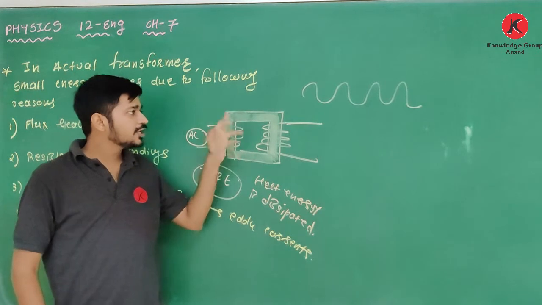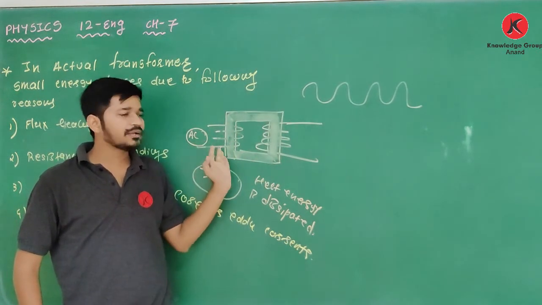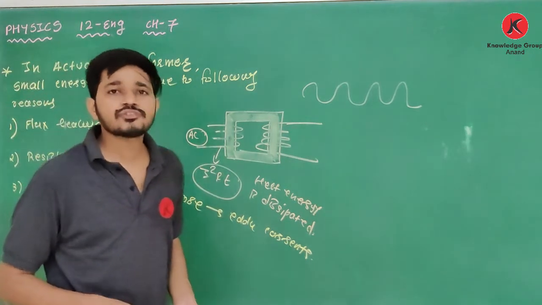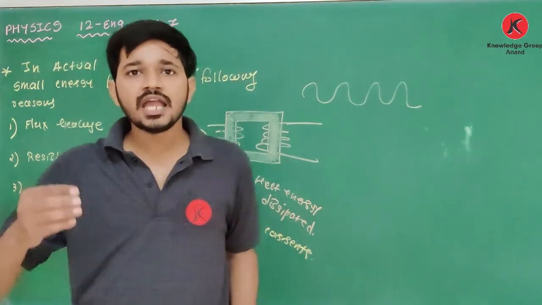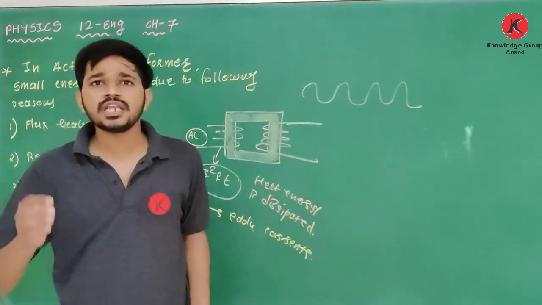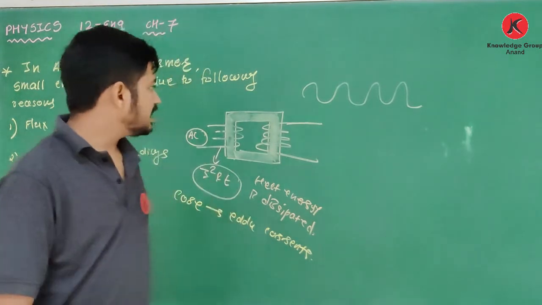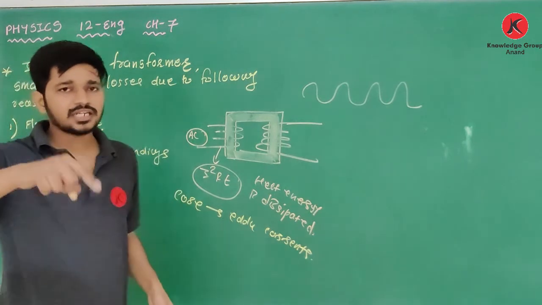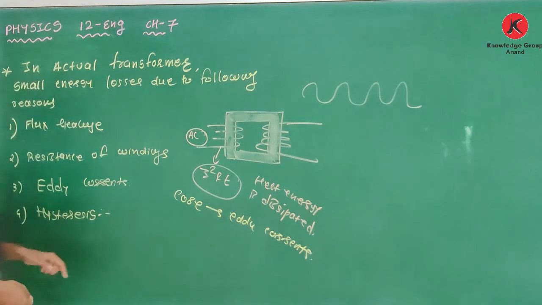So due to such AC current in the primary coil, a hysteresis cycle is formed, and the area enclosed by the hysteresis cycle gives the energy lost per unit volume. Since it is connected to an AC supply and continuously changes, the hysteresis produced again causes loss of energy.